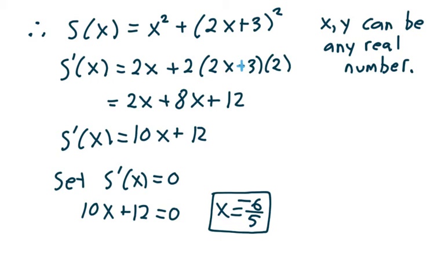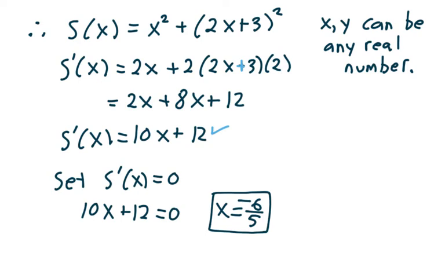So S of x is x squared plus (2x plus 3) squared. I take the derivative, I get 2x plus, applying the chain rule, 2 times (2x plus 3) times 2. x and y can be any real number, by the way. So I don't have any restrictions on x and y. So S prime of x is 10x plus 12.